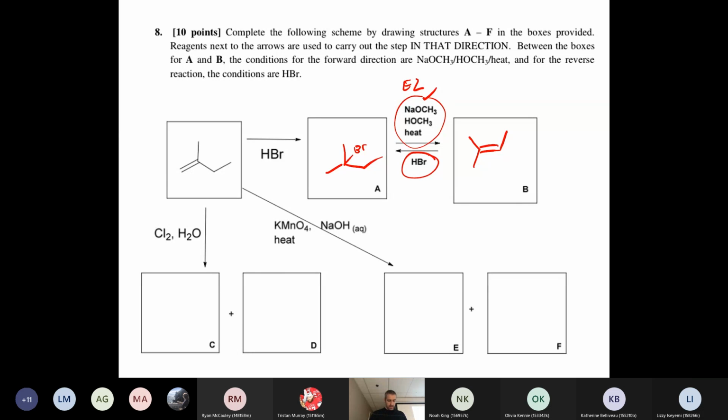So now we go the bottom way. Cl2, H2O. That was one of the new reactions we learned in this chapter. Now it's looking for two products. That's because we have a chiral center here, which could be R or S.